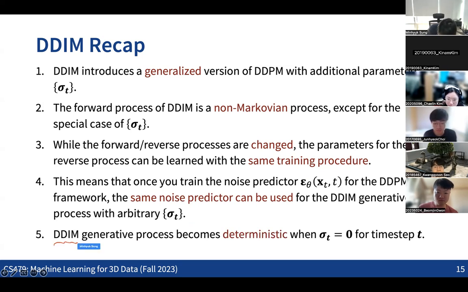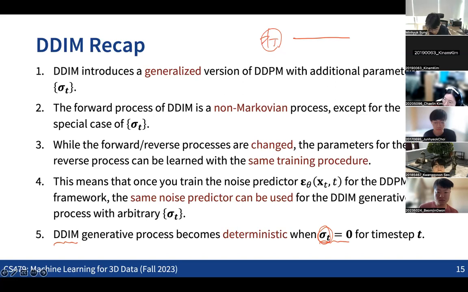And another important thing is that you can make the DDIM process deterministic. If you set sigma to be 0, then we don't have the part of sampling the unit Gaussian noise in the reverse process, and everything becomes deterministic. If you start from a specific x_T, there is no randomness in the reverse process.